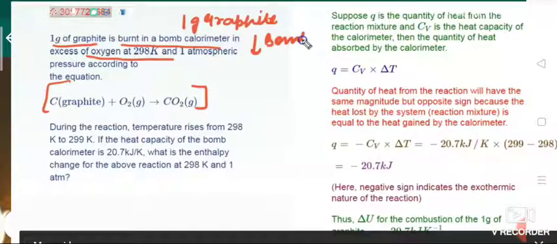Whenever we do this type of calculation, first we have to write the balanced chemical equation.